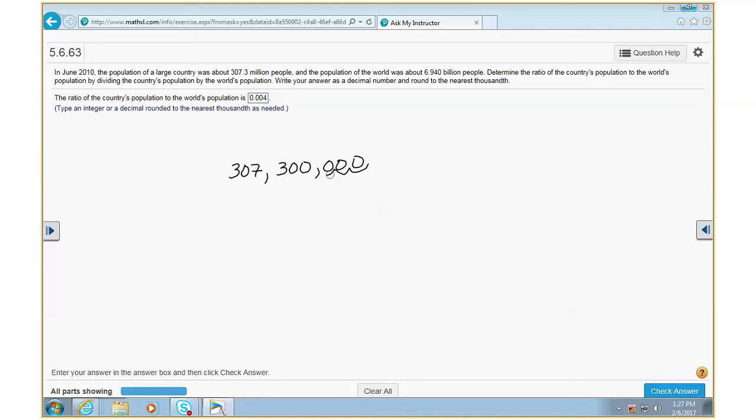1, 2, 3, 4, 5, 6, 7, 8. Is that right? So that's going to be 3.07 times 10 to the 8 divided by 6.94. So that's 6 and then 9, 4, what? 307.